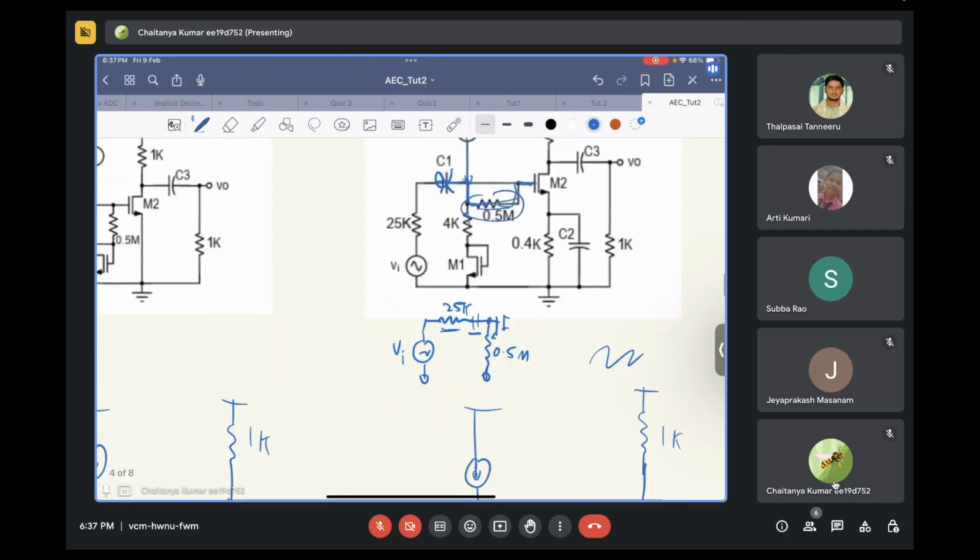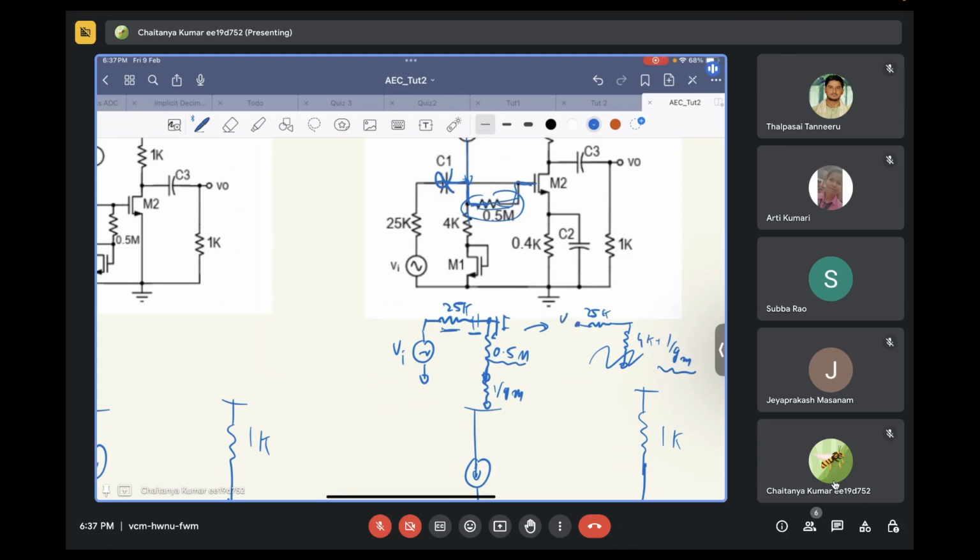So 0.5 mega ohms and then there is 1 by gm. Now let's say this 0.5 mega ohms was not there. In that case, there would be a 25k resistor, then directly, in this case, 4k plus 1 by gm, correct? Now this 1 by gm plus 4k will be a very small value.